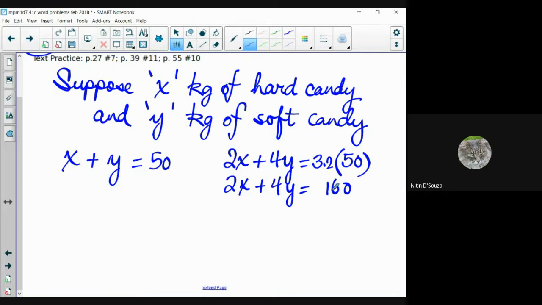So I've got a couple of choices. I could use substitution again. This time I'm going to use elimination. I'm going to take this equation and multiply it by 2 and then put it in there. So that's going to look like this: 2x plus 2y equals 100.